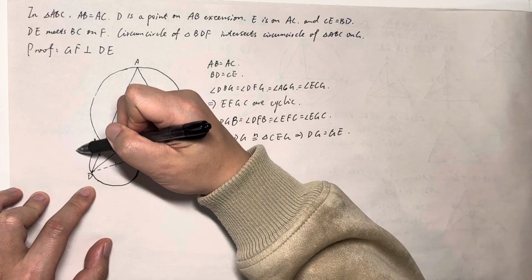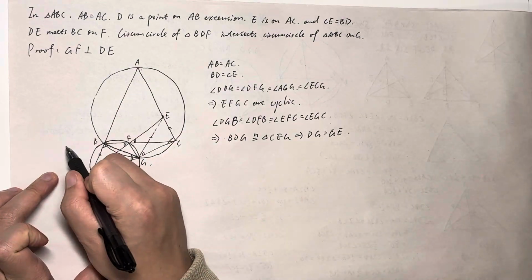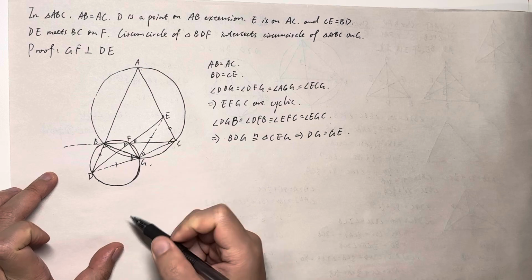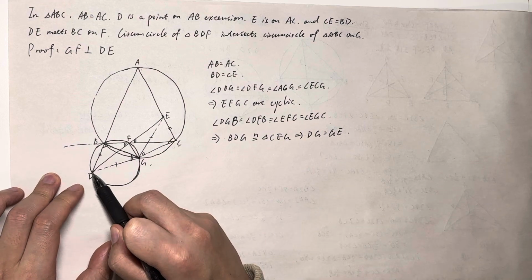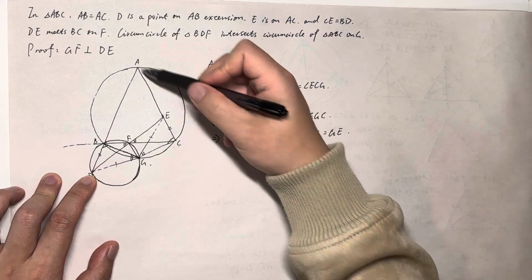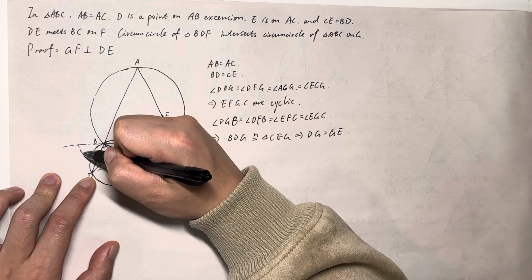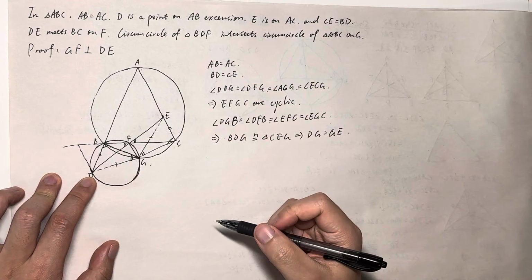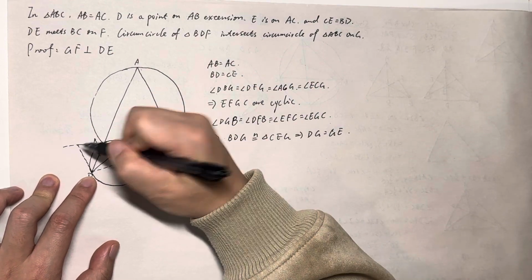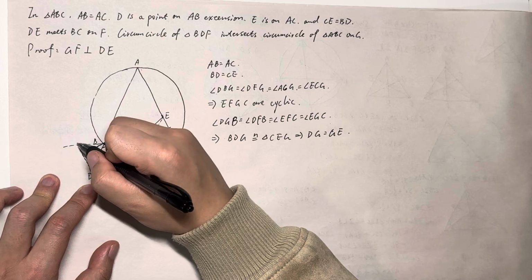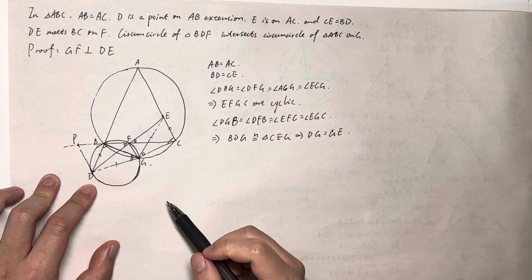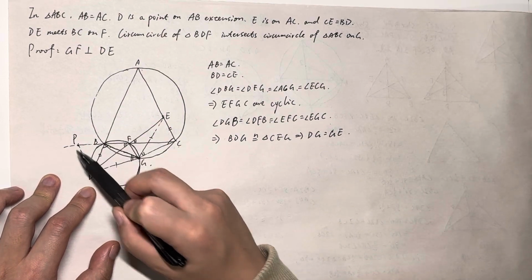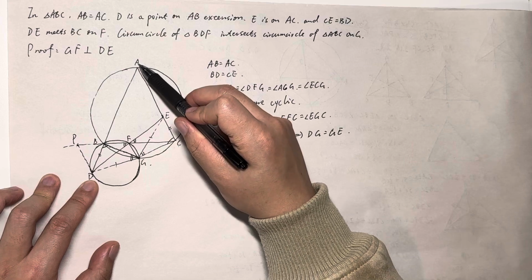Let's extend CB here, and from D we draw a line parallel to AC. Let's call this point P. So we know that DP is parallel to AC.